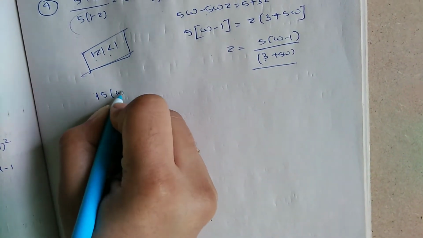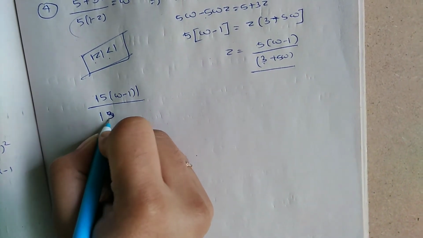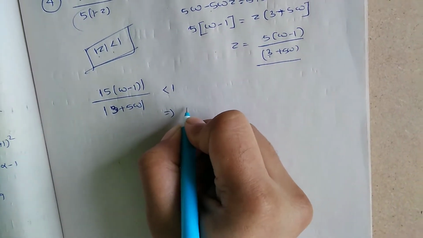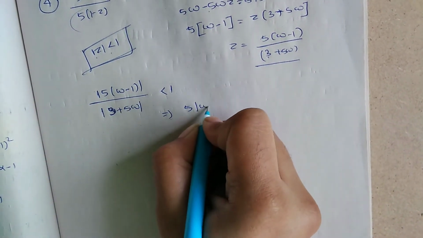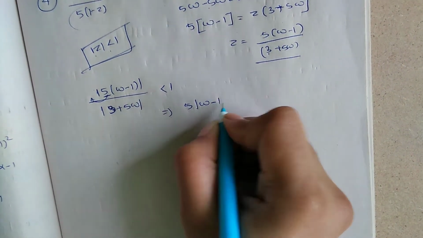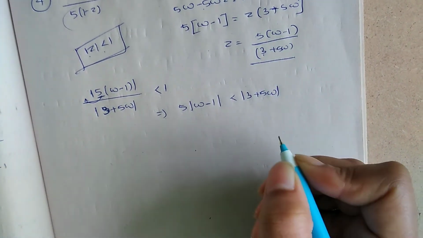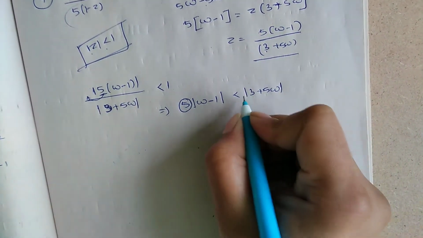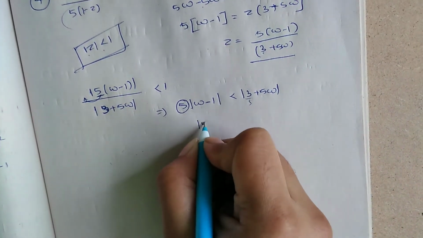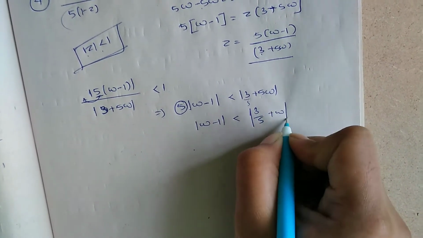Yes or no? So 5 of mod w minus 1 by mod 3 plus 5w is less than 1, which implies you can take 5 common, right? It is anyhow positive. It will be less than 3 plus 5w. Now take 5 common. This will become 3 by 5, of course. Mod w minus 1 less than mod 3 by 5 plus w.